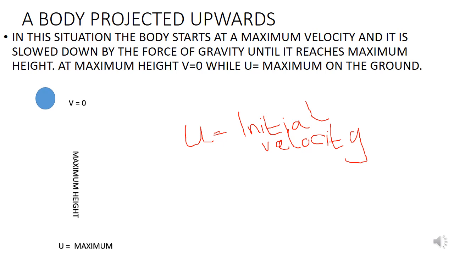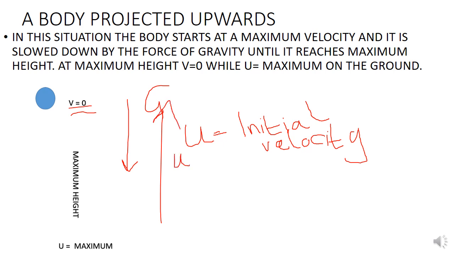That's why it moves from below upwards. Now, one thing we want to remember is that the reason why V is equal to 0 is because the motion of this body is against gravity. This body is acting against gravity. Remember, gravity is acting in a downwards way. That is gravity. But this body is moving upwards.